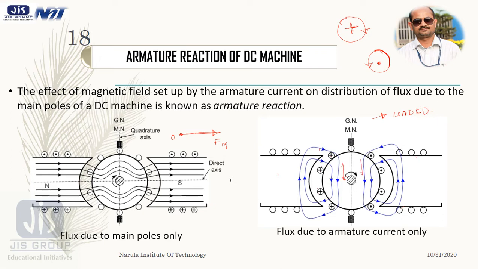For dot current, the direction is this. So for only the armature current, the resultant direction is in this way. So we can say this is the direction of armature MMF or armature flux. Okay.